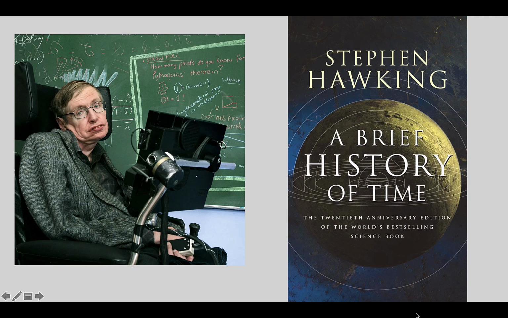He had received his BA in physics from Oxford University and his PhD from Cambridge in 1965, and then he became faculty at Cambridge University. But before finishing his PhD, Hawking was diagnosed with amyotrophic lateral sclerosis, also known as motor neuron disease, or in the United States, as Lou Gehrig's disease. And this slowly deteriorated his body's muscles.